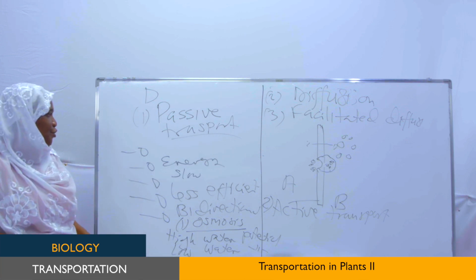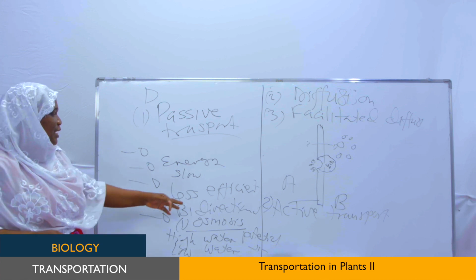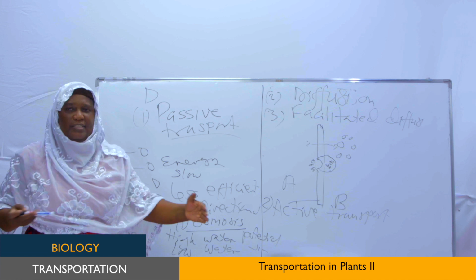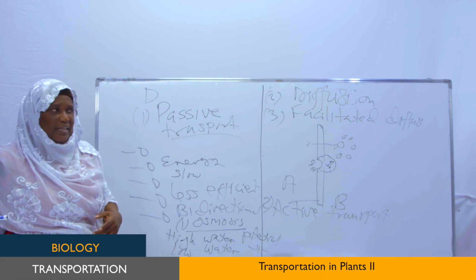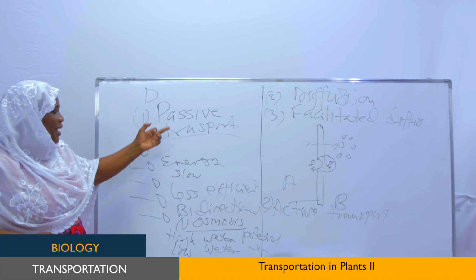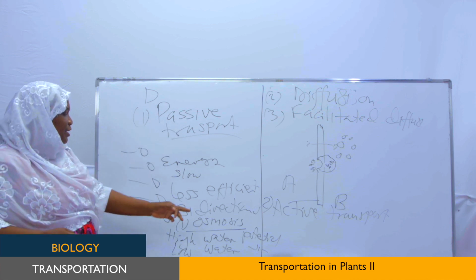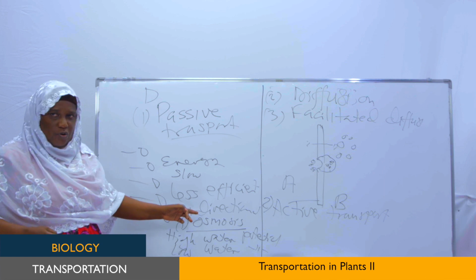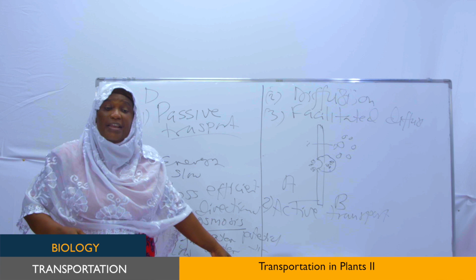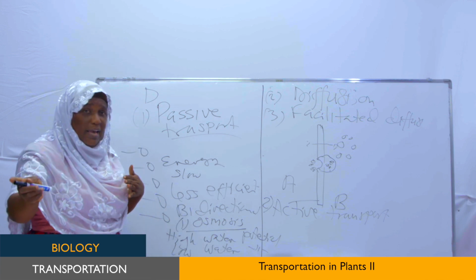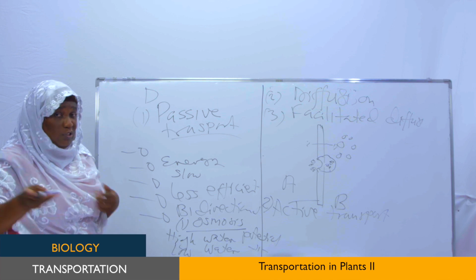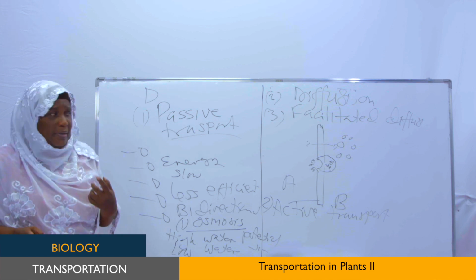Number three, you may also consider whether the materials move to both sides or only one side. When you use that criterion, you may say that passive transport is bidirectional, but active transport is unidirectional. It goes in only one direction, like a bullet. When you fire it, it goes in only one direction.